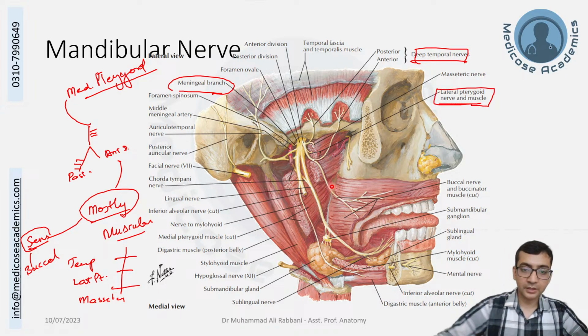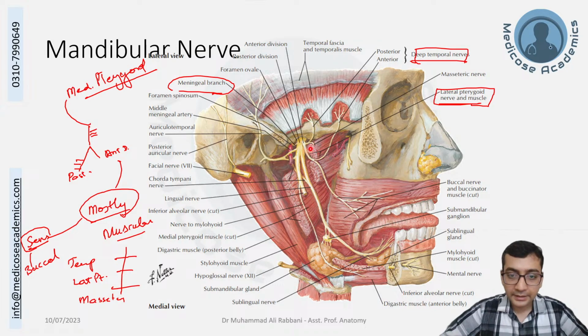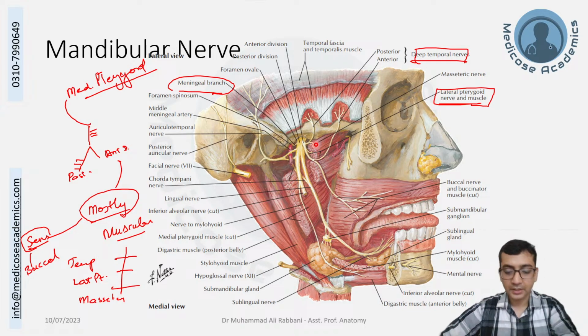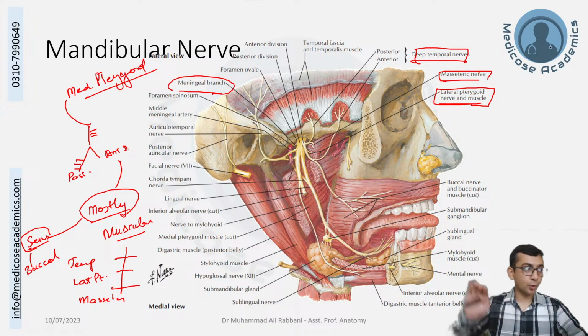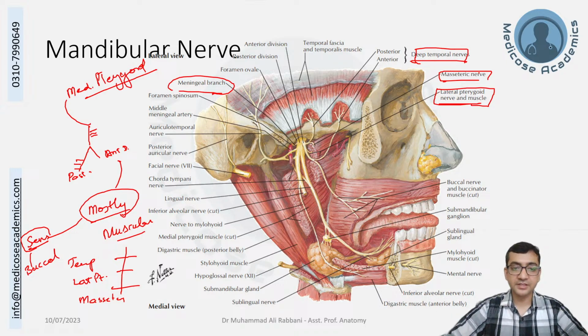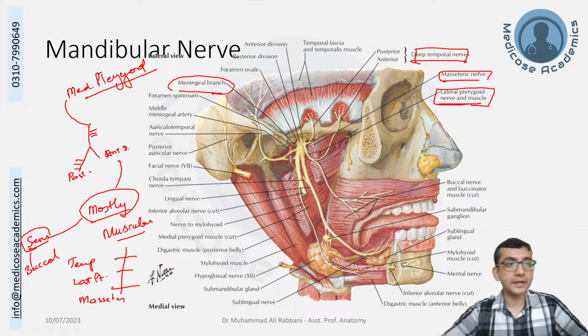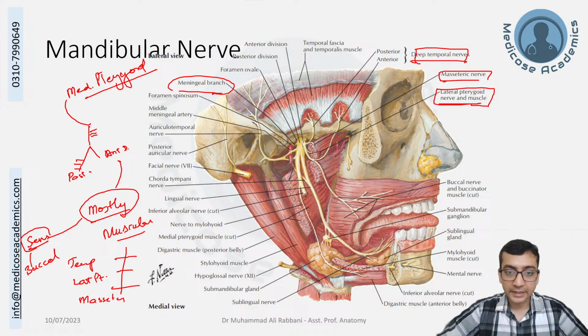The third motor nerve is shown in the cut section right here. This is called the masseter nerve. It will go laterally over the mandible, through the mandibular notch, and supply the masseter that is outside the ramus. That is the masseteric nerve.